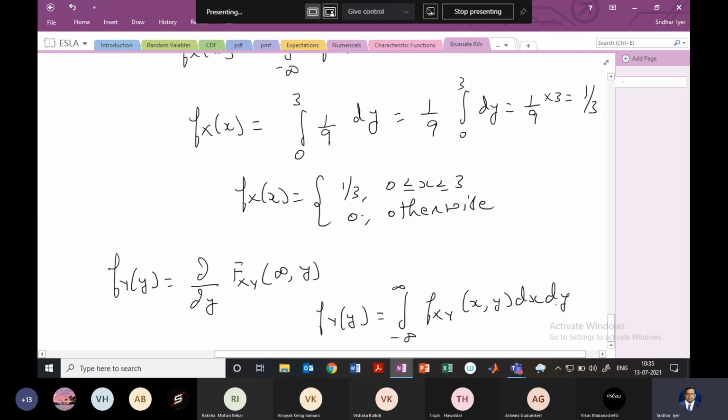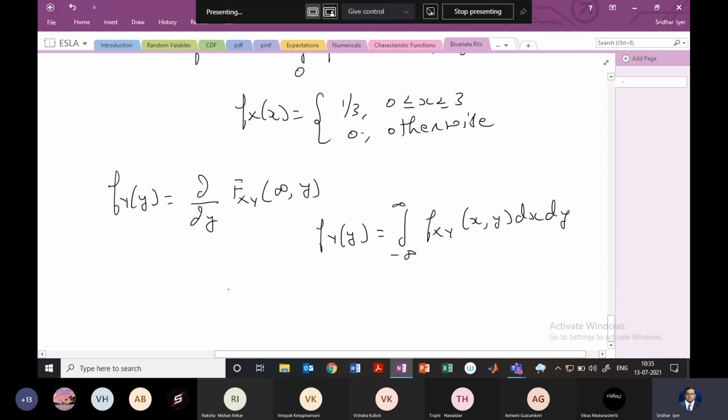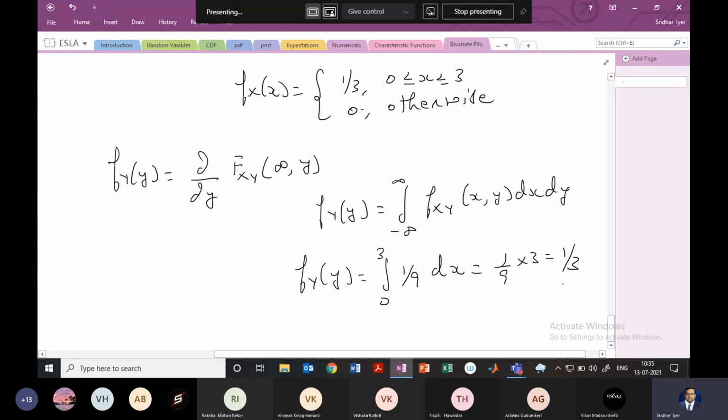That is the general equation. In this case, it will be fy of y going from 0 to 3 and c is 1 by 9 of dx. So you'll get 1 by 9 into 3, therefore you'll get 1 by 3. So fy of y also has the same structure as fx of x. It'll be 1 by 3 for 0 less than y less than 3, and it will be 0 for any other value. So I'll just write else.